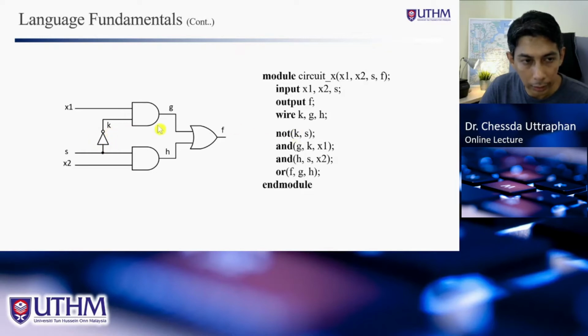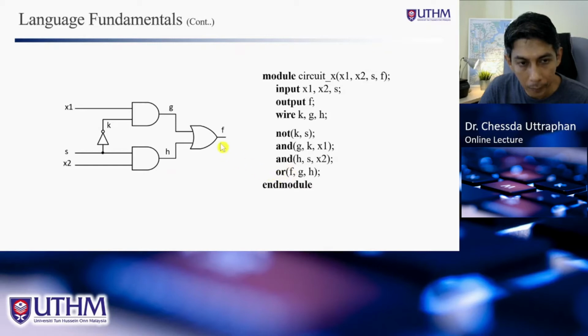So in this case, let's start with NOT. For NOT, the output will be K, the input will be S. For this AND, the output will be G, and the input will be X1 and K. And the second AND gate has output H, and the input is S and X2. The last one is the OR gate.